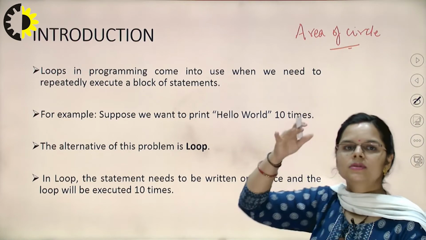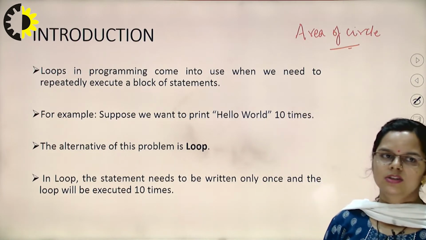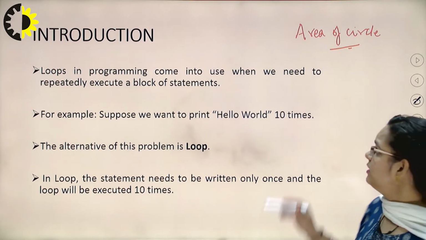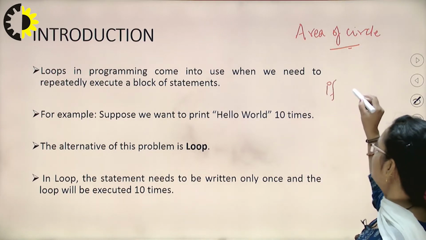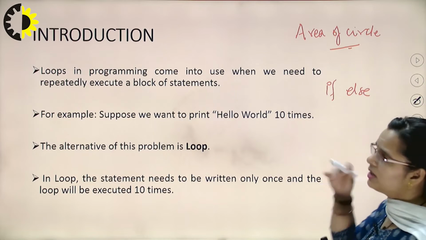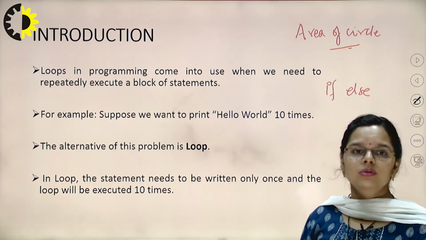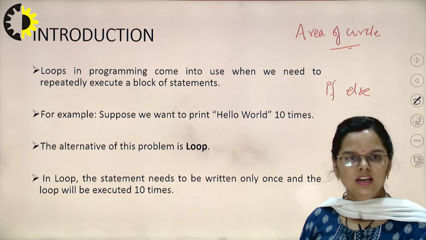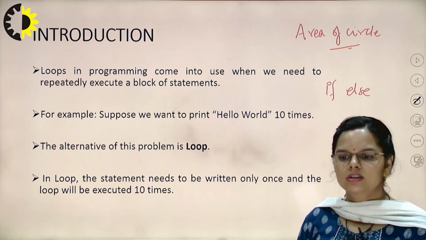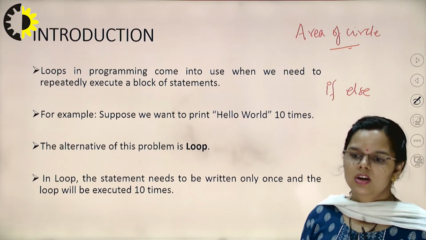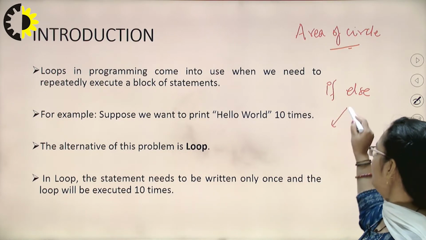All these problems came under sequential programming. After that, we talked about conditional statements like if else. If the condition is true, then we move towards these statements, and if the condition is false, then we evaluate the other statements. So this comes under the if and else conditions.